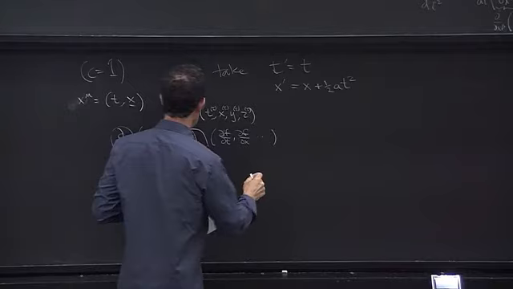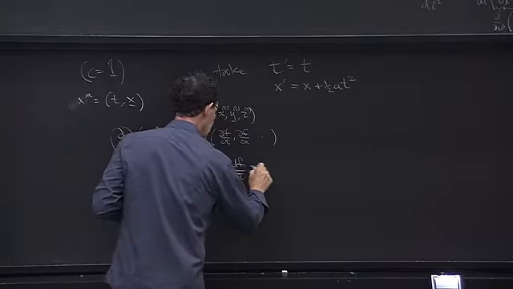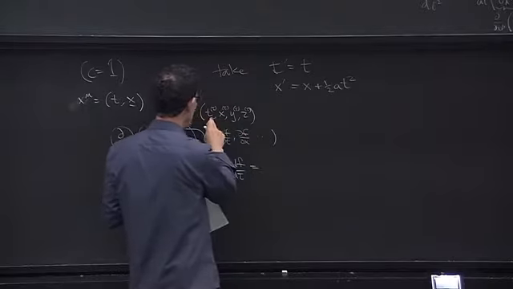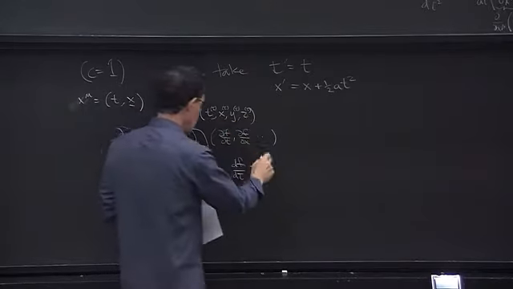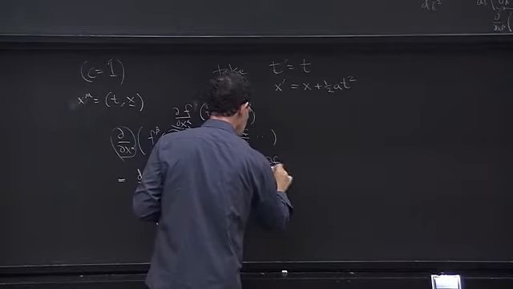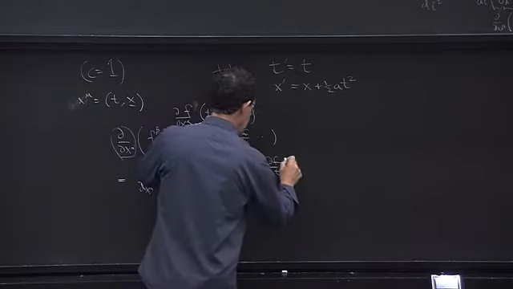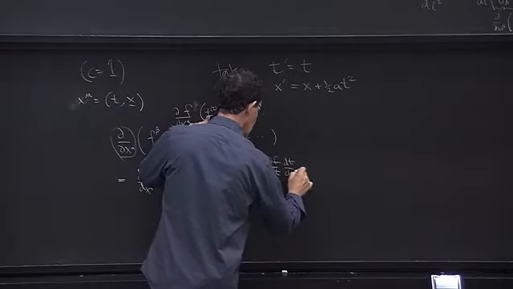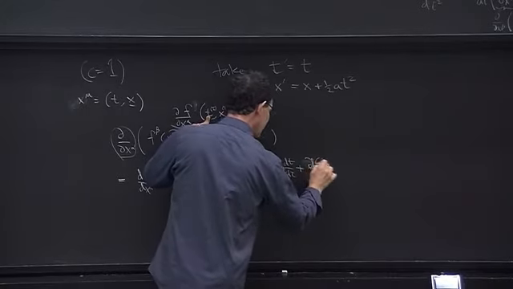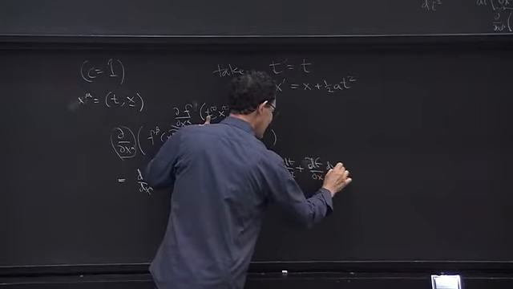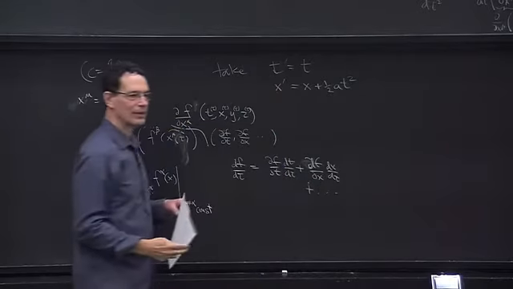So if I want to calculate df/dτ, I've got to know about the tau dependence of all four arguments. So I write it as df/dt, which gives me the dependence coming from here, dt/dτ, plus df/dx, dx/dτ, plus and so on.